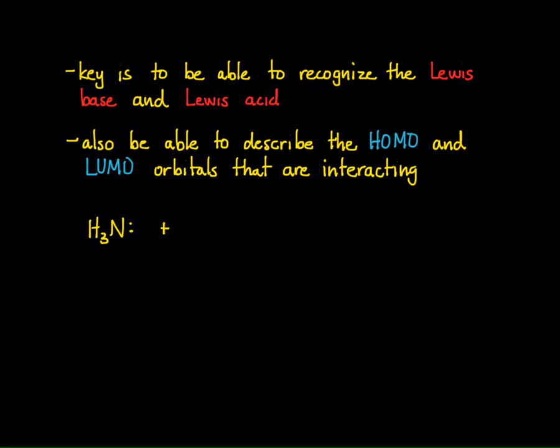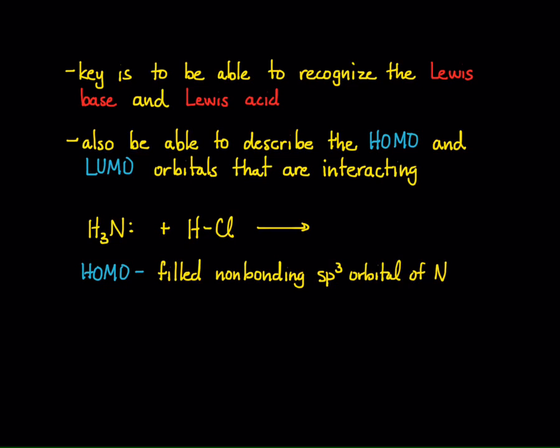So, for example, we already saw this reaction where you have ammonia reacting with hydrochloric acid. We know that the HOMO of this reaction is the electrons, the filled non-bonding sp3 orbital electrons of the nitrogen. So the HOMO orbital is that filled non-bonding sp3 orbital of the nitrogen.